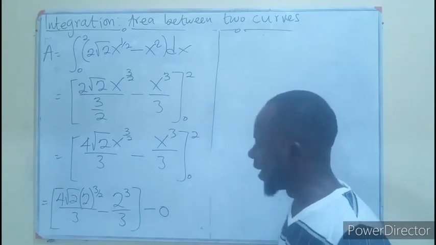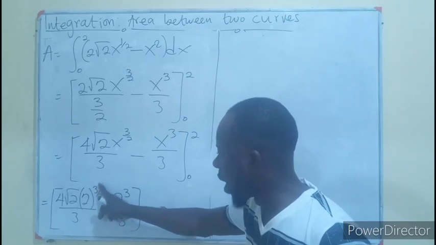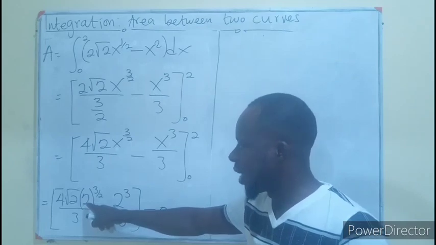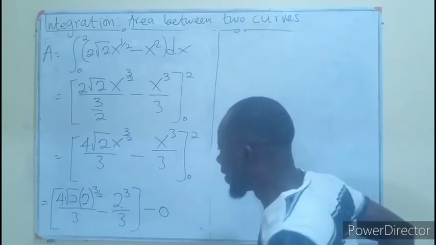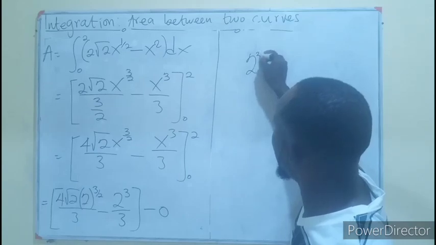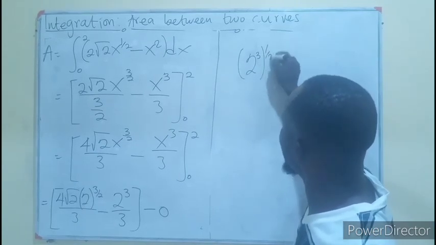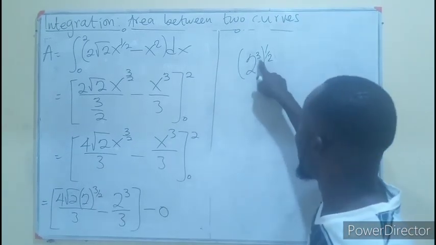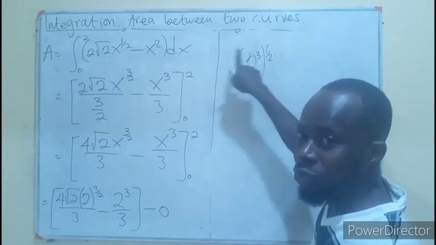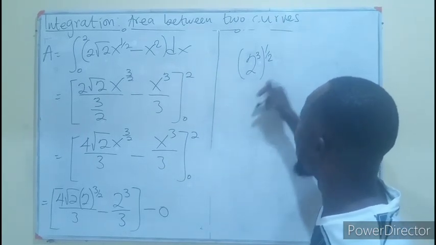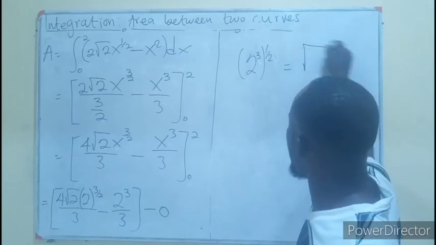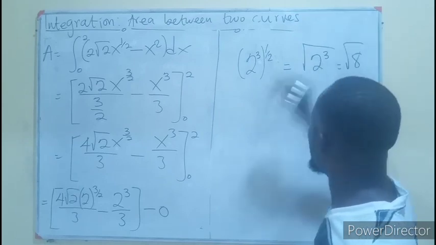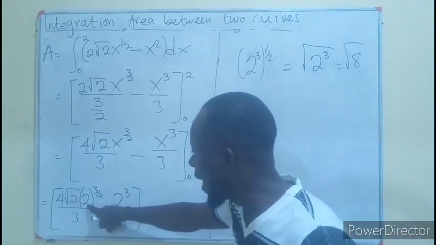Right here, we are seeing that this could be 1 over 2 multiplied by 3, so there is still a square root here. What I mean is that 2 exponent 3 over 2 is the same as the root of 2 exponent 3, which will be the root of 8.